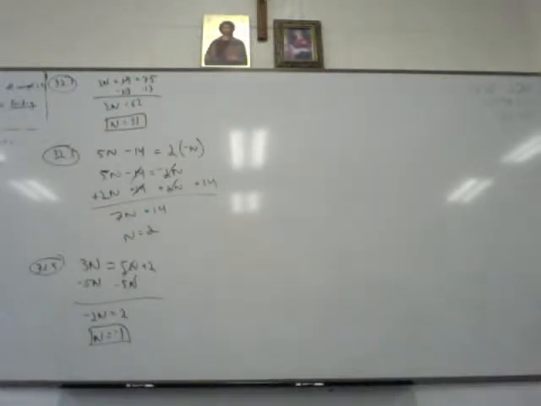Decimals are fractions. They're just all over powers of 10, right? 0.5 means 5 over 10. 0.73 is 73 over 100. Okay. Those are rational numbers.